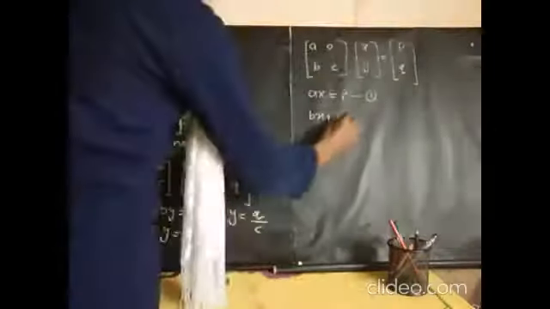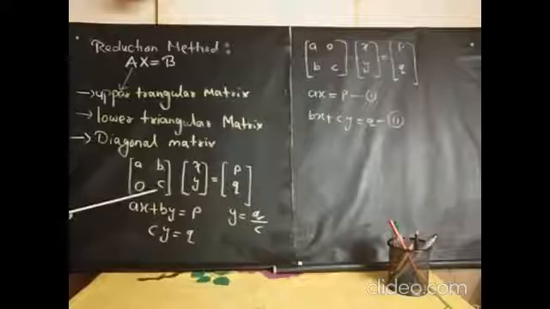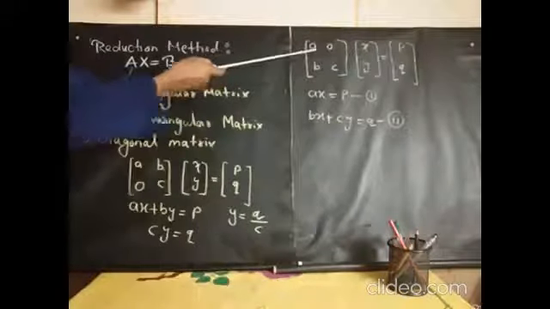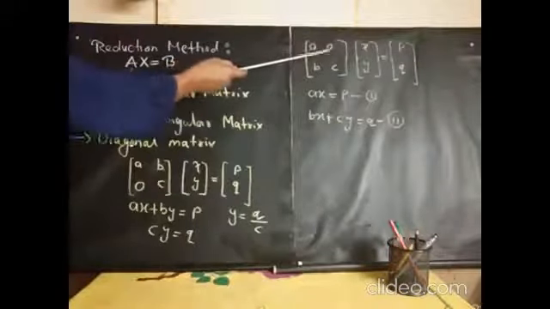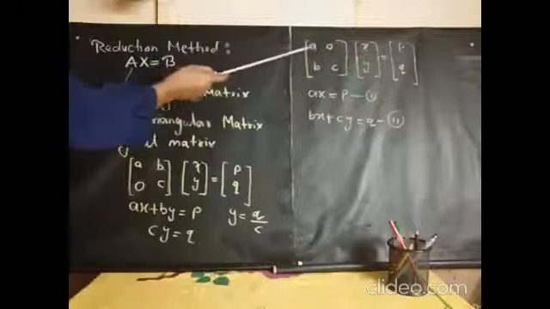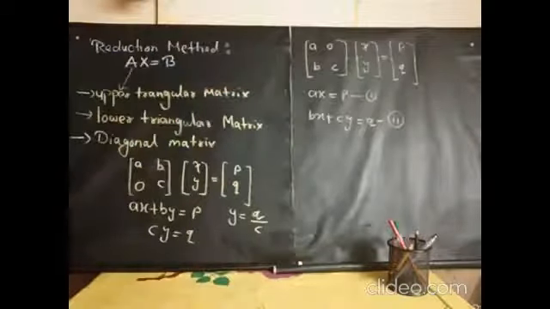And this value of X you will substitute in equation number 2, then you will get the value of Y. Children, here this 0 is in the second row, you can see. Here you were getting the value of Y first. Here 0 is in the first row. One element is 0, another element is A only. Directly you will get the value of X.